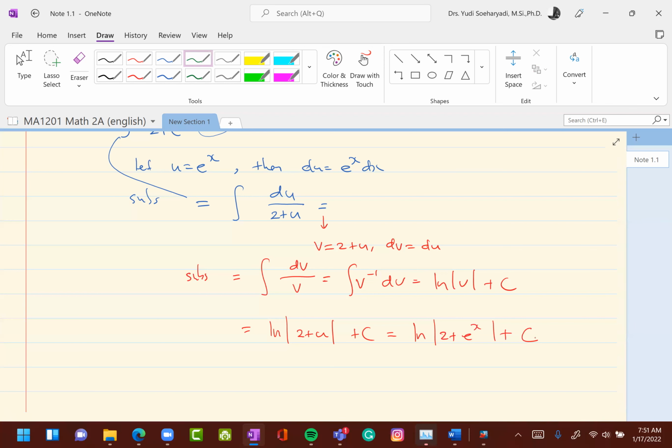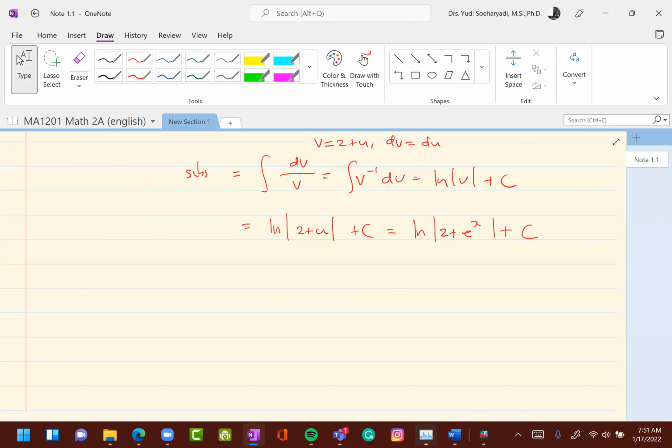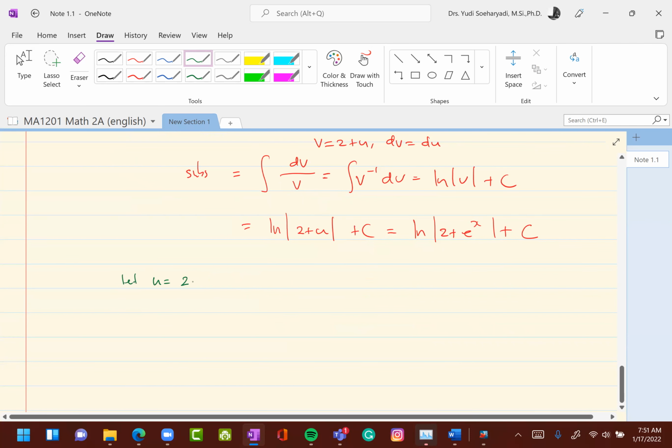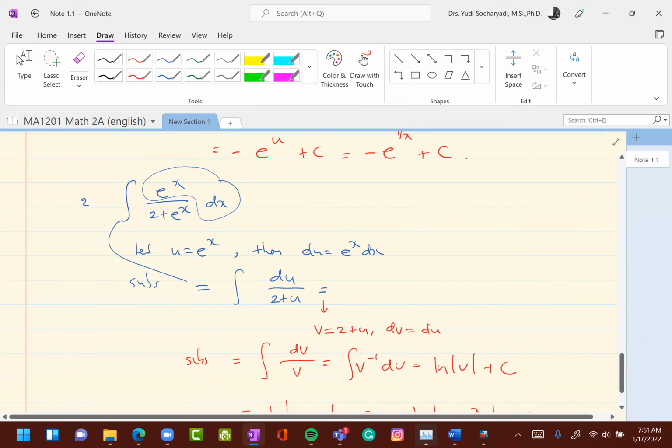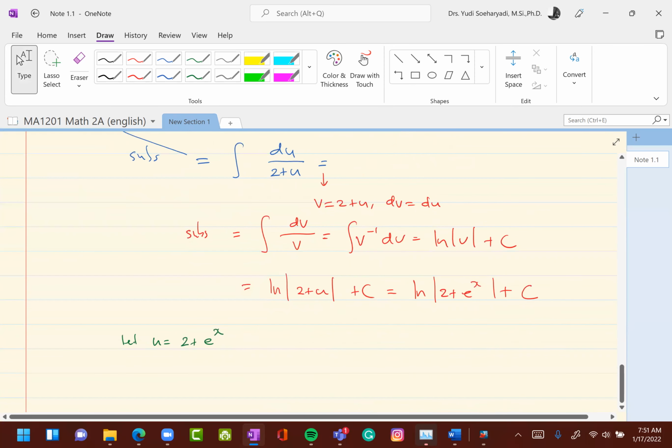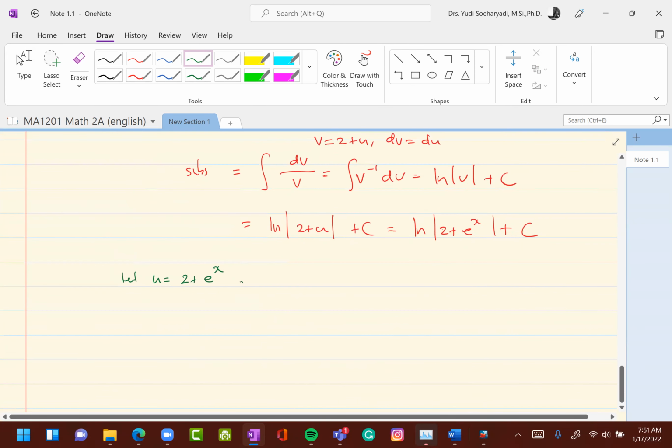And another way is just, well, what if it goes just directly with u equals 2 plus e to the x? Because adding a constant doesn't change anything in terms of integral or differential, so the du becomes just the same thing as e to the x dx.